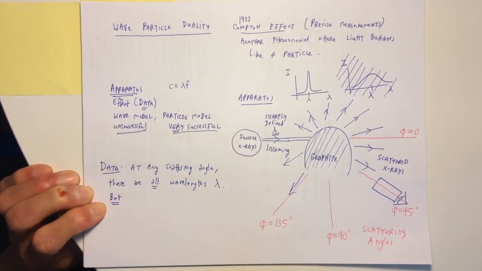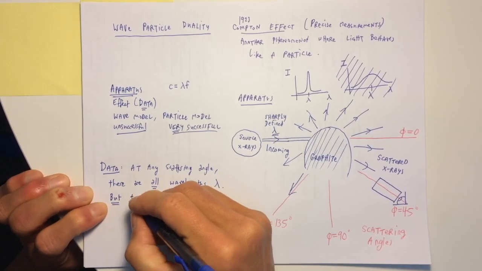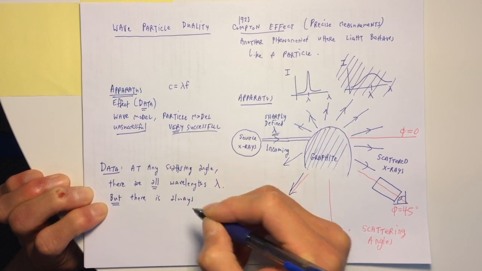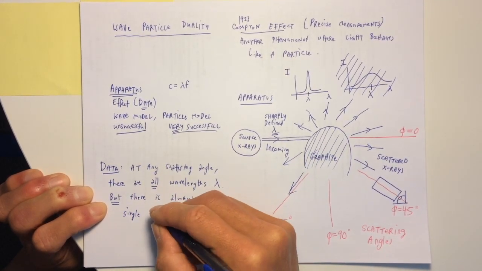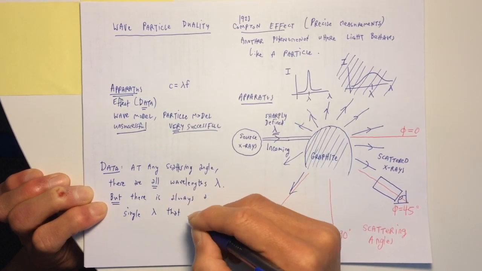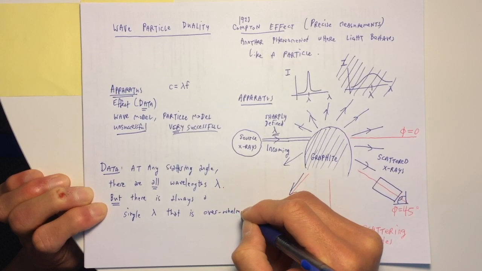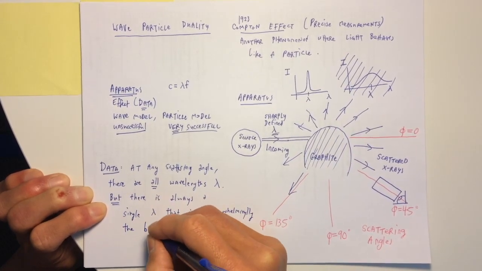But this is the big piece of qualitative information about the data. There is always a single lambda that is overwhelmingly the brightest.